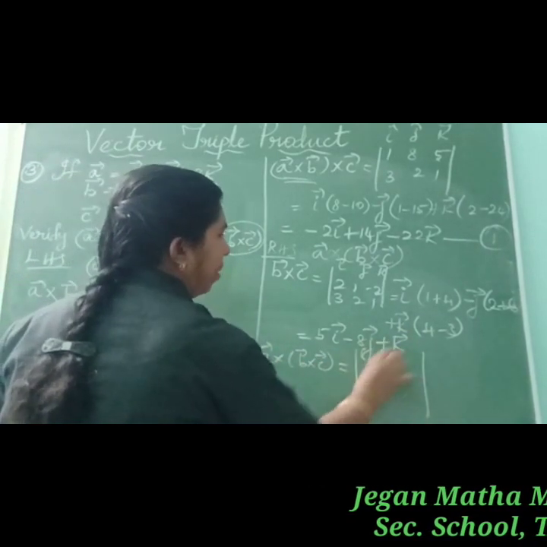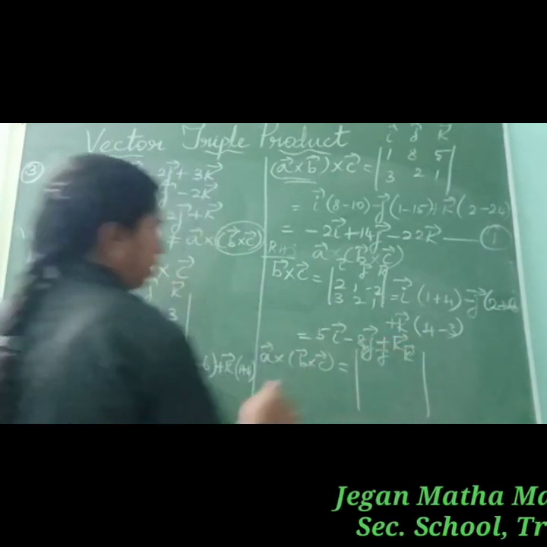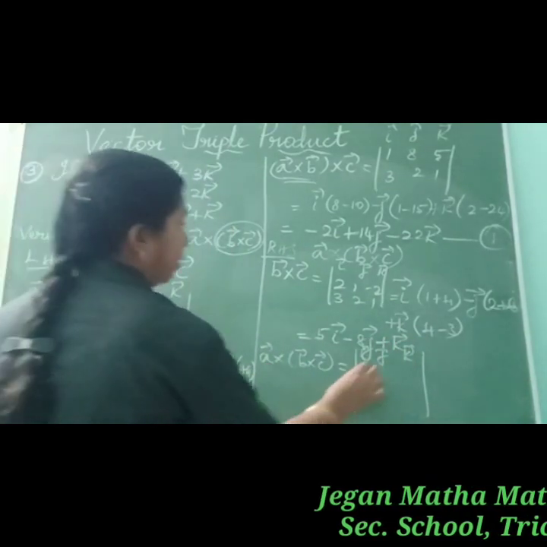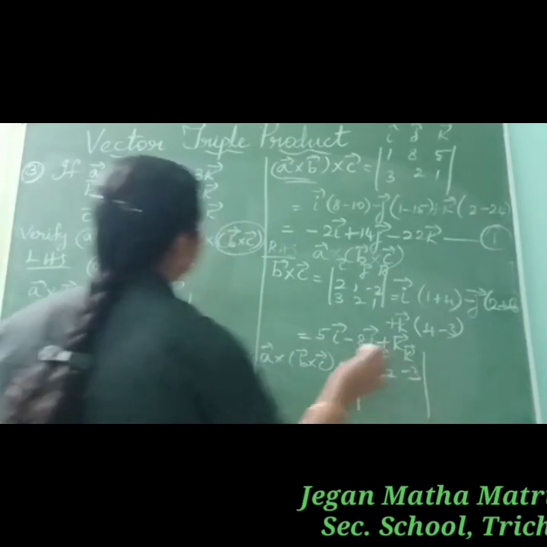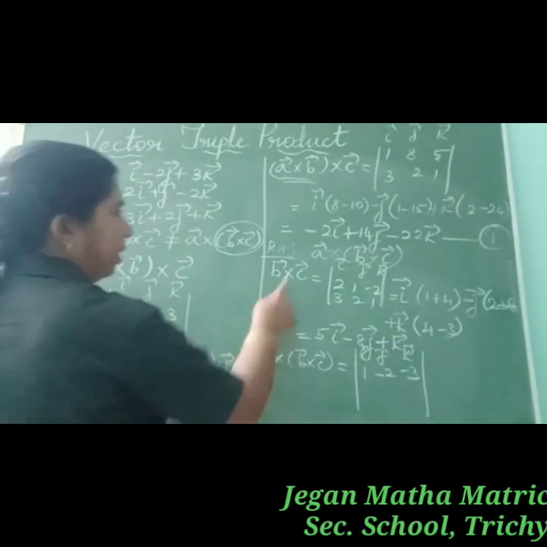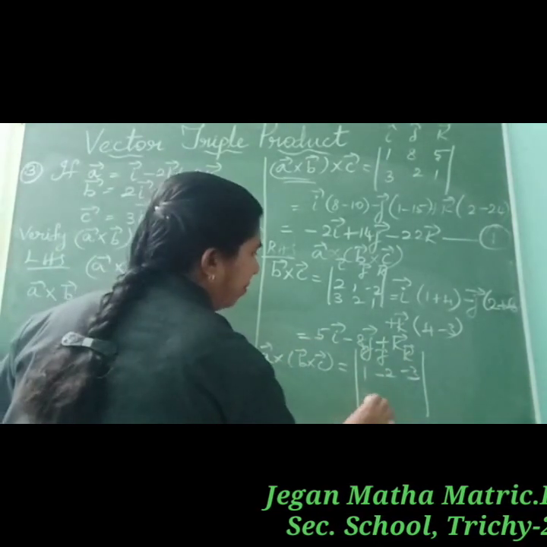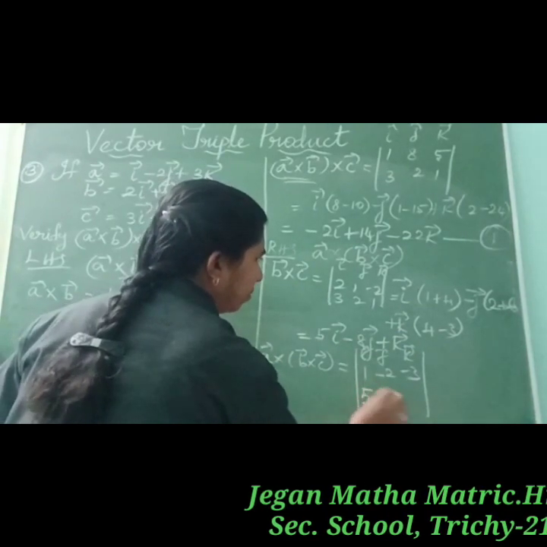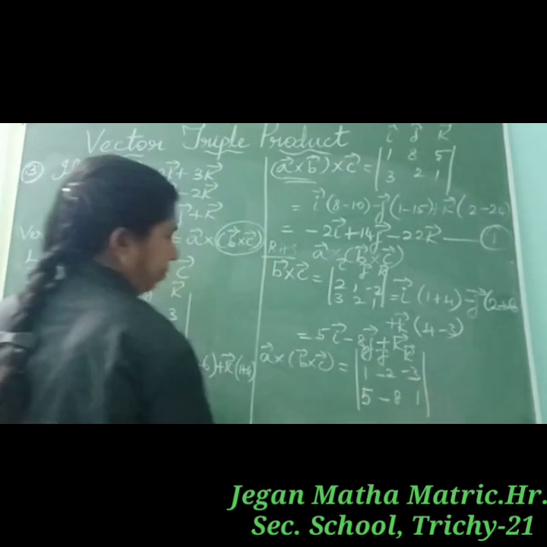Now you have to find A cross (B cross C). Again I, J, K form. Coefficients of A: 1, minus 2, 3. Coefficients of B cross C, the answer we got here: 5, minus 8, 1.